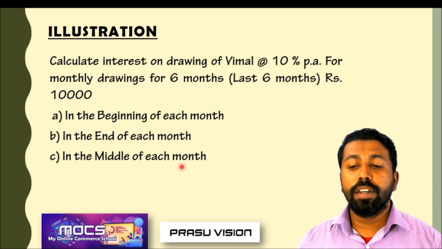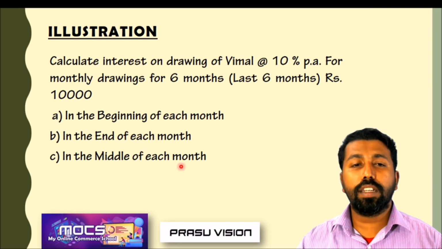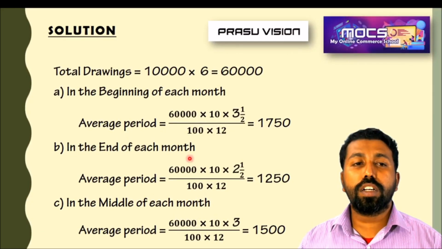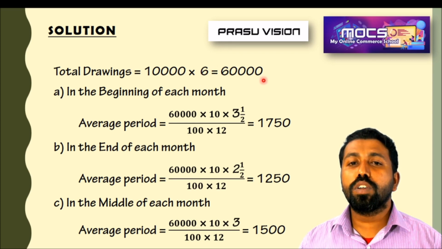Also remember, there is a variation in the calculation of total drawings. This time total drawings is equal to 10,000 into 6. Why? We are not calculating the interest for the whole year but only for 6 months. So 10,000 into 6 is equal to 60,000. That is the amount of total drawings.